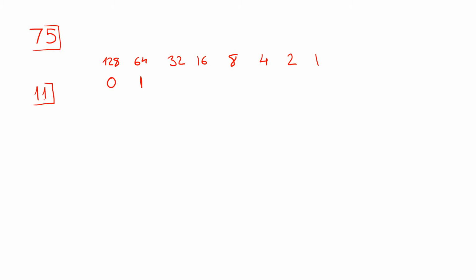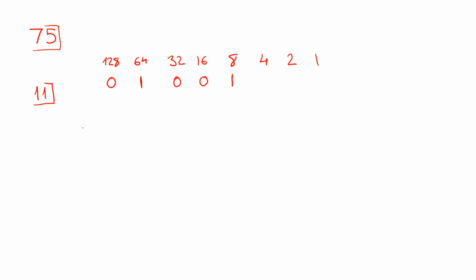32 is bigger than 11, so I don't need 32. Same for 16, it's too large. The number 8 is not larger than 11. It can in fact represent part of it, so then I would put a 1 underneath that.